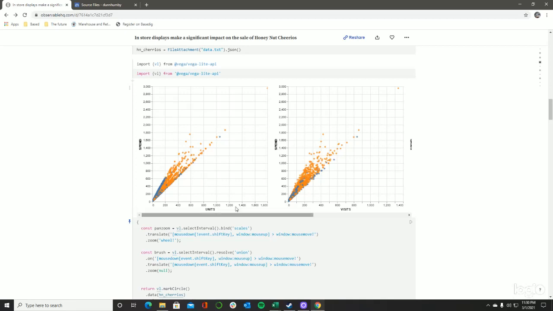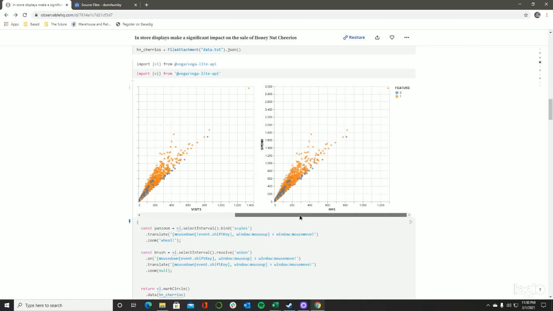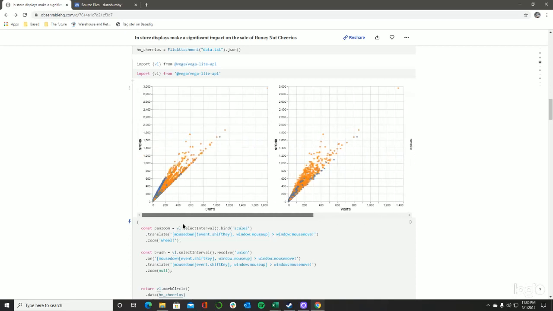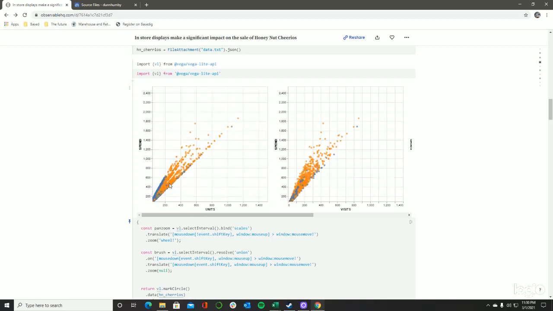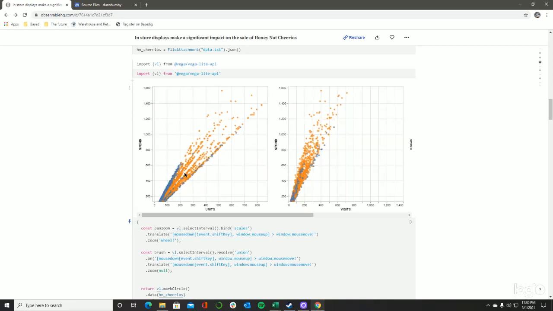Across these three graphs, households served, visits, and units, which are all explained further in detail, they all follow a very similar trend, as you can see if we zoom in a bit.